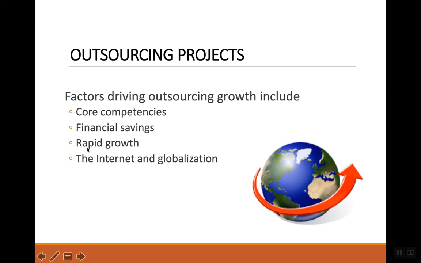You can add more resources as opposed to having to staff up inside. The other thing that has been a big driver is globalization. Globalization is really plugged in with outsourcing. The two of them are seen as almost the same.